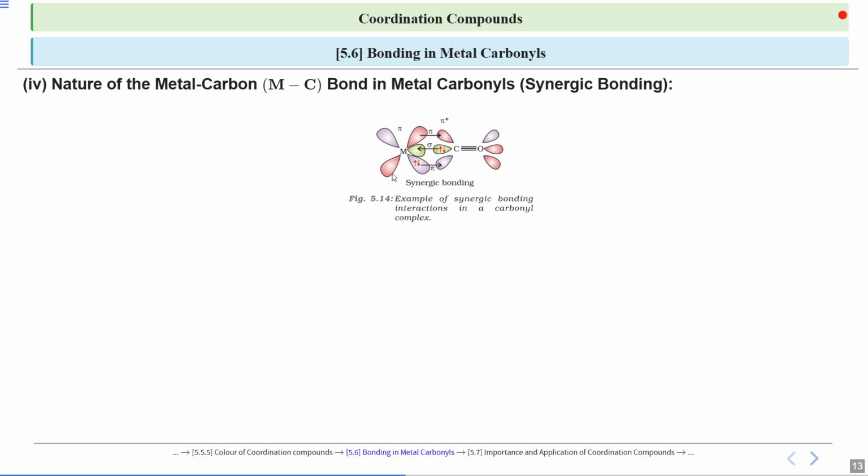This is what we call synergic bonding in metal carbonyls. That means both sigma and pi bonds are formed between the metal and the ligand.